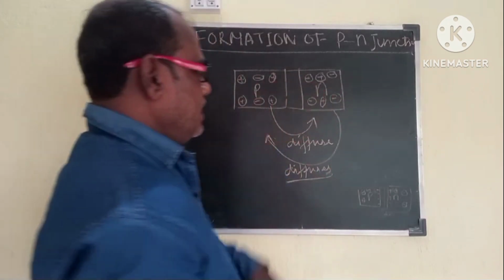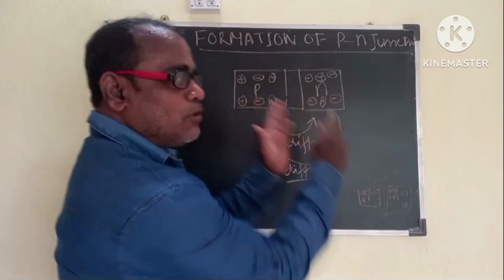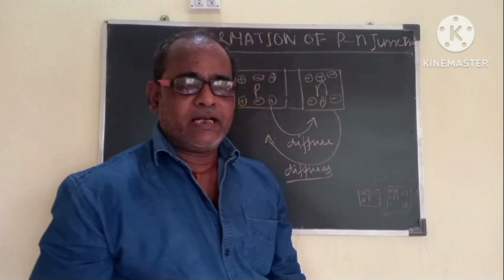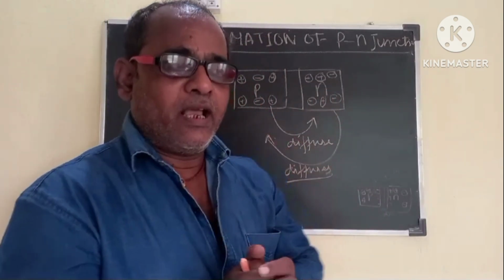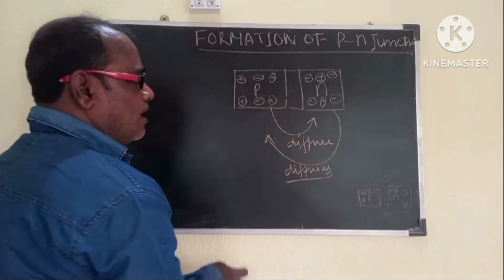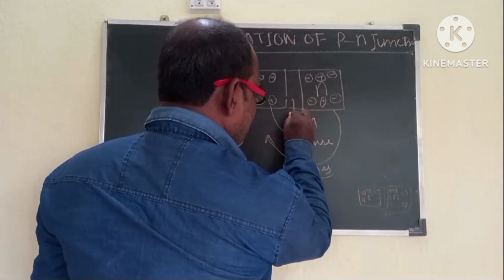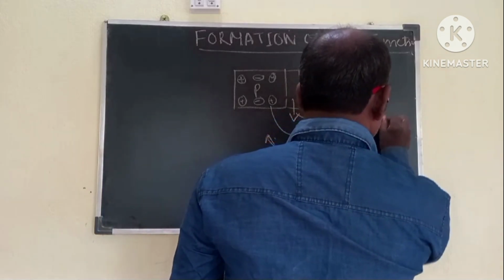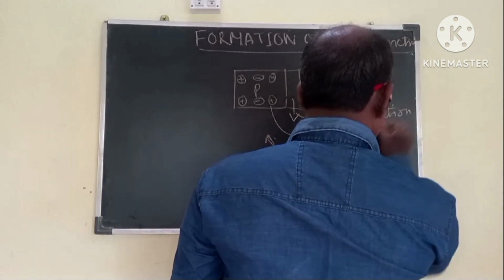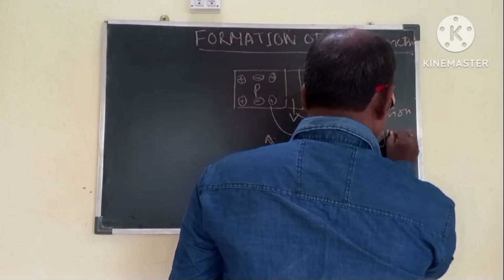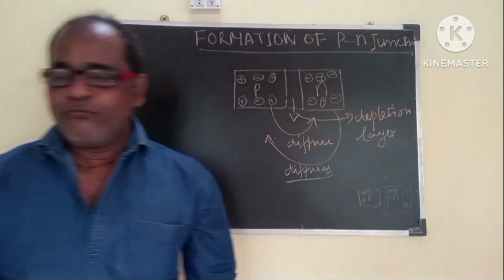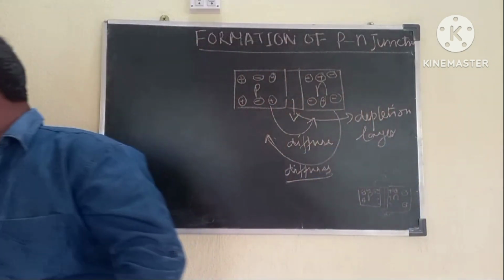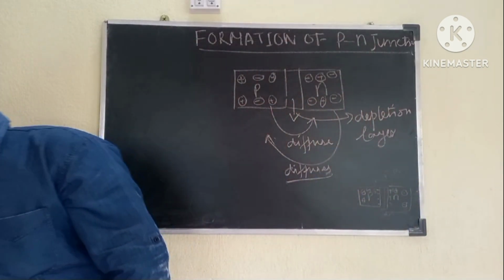While diffusing, they come in contact with each other and cancel out their effect to form a layer. That layer is called the depletion layer, which has a width of 10 to the power of minus 6 meter.